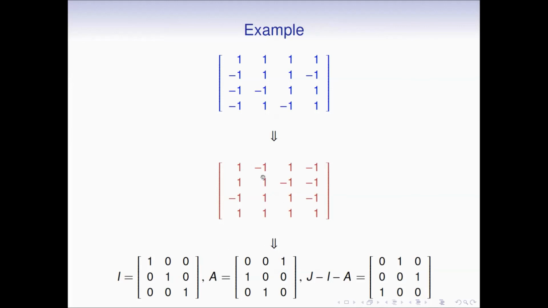Just look at this part here. Take the first 3 rows and the first 3 columns, and take 1 here and 1 here. This is A, and for the second matrix, take minus 1, minus 1, minus 1, keep 1, 1, 1.